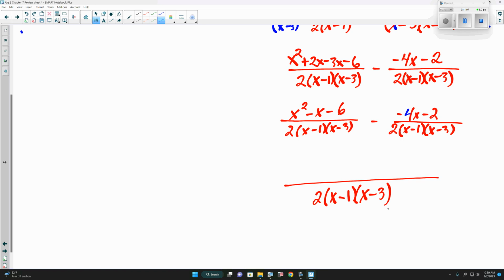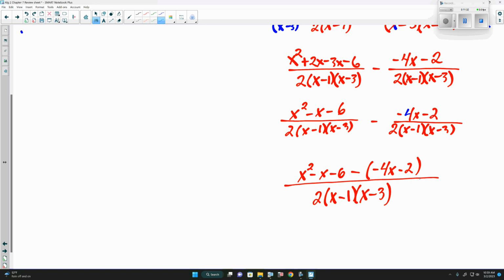Now, at this point here, we do need to subtract, because the first one, x squared minus x minus 6, the signs are not going to change because we're not subtracting it. The ones that are changing are the second set. So one way we could do it is rewrite it with parentheses around the negative 4x minus 2 and then distribute the negative.